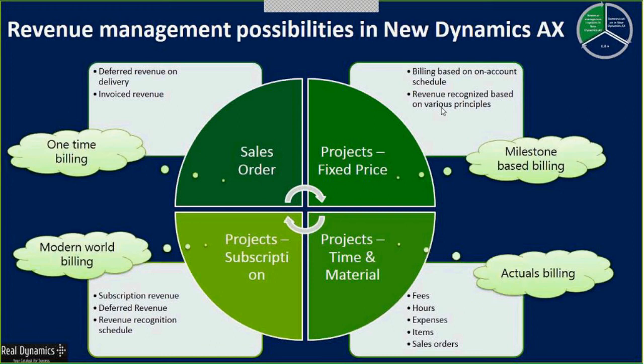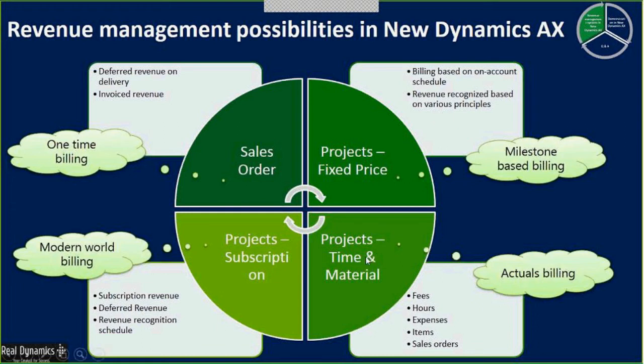Fixed price then gives a number of options for revenue recognition, wherein your revenue is not connected to your cost, but is recognized based on percentage complete or a particular accounting principle or rule. This is what we are going to see in detail in today's session: how to do different revenue recognition on the fixed price project. The whole idea of this slide is to ensure that all the different options are explored.